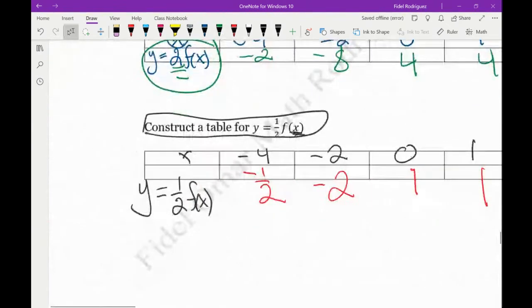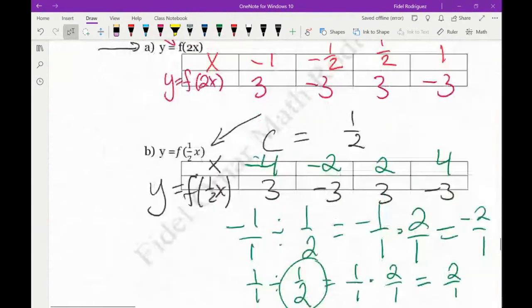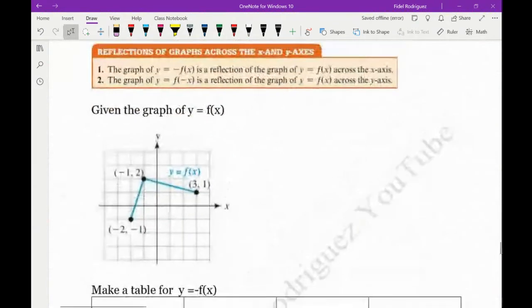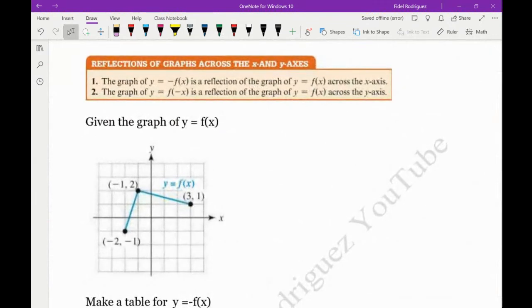All right. So let me keep scrolling here. Now we're going to have these things called reflections. Reflections are just like when you're looking at the lake and you see the reflection of the sky or something like that, right?